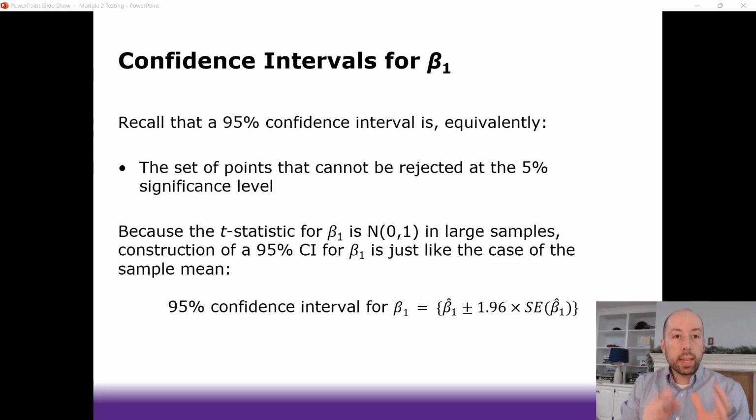When we get to the confidence intervals for beta 1 or for beta 0, remember that a 95% confidence interval is the set of points that are within a certain number of standard errors, meaning that a t-statistic is going to be smaller than that critical value, and they're close enough to your null hypothesis that you would not reject at a given level of significance.